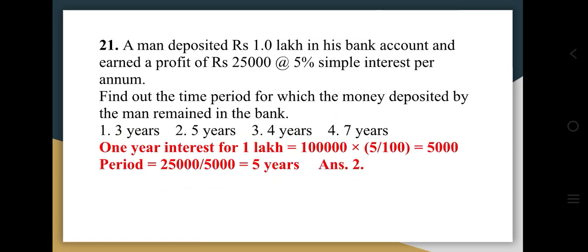For 100 the interest is 5. So for 1 lakh it is 1 lakh into 5 by 100, which is 5,000. So 1 year interest for 1 lakh is 5,000. But he has earned 25,000. So how many years will it take? 25,000 by 5,000, that is 5 years. So the answer is choice 2.